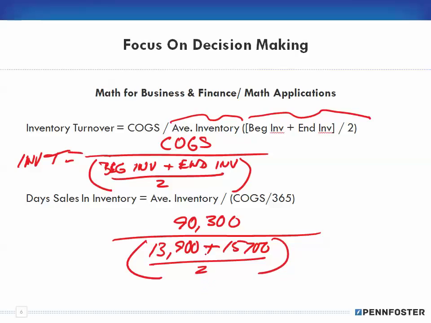Now just as a quick thought, just like in word problems, or even in real life, you're just going to get information.